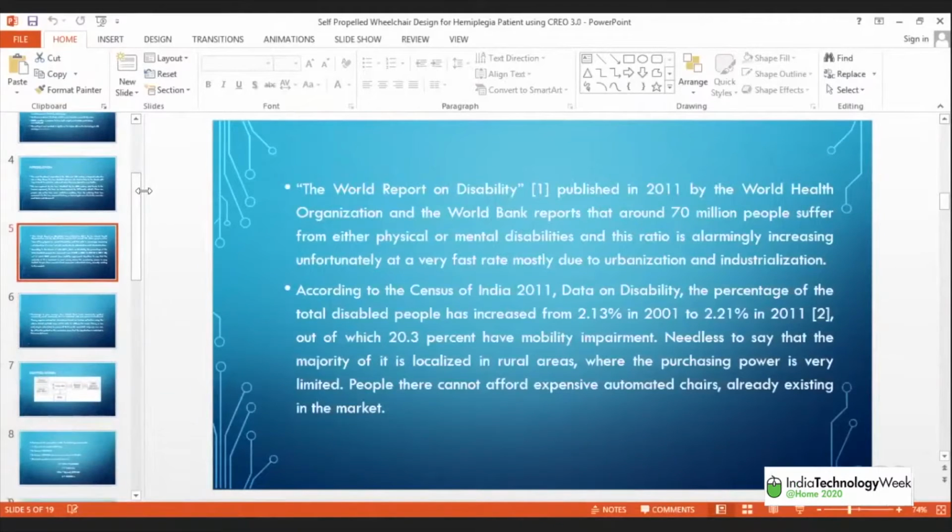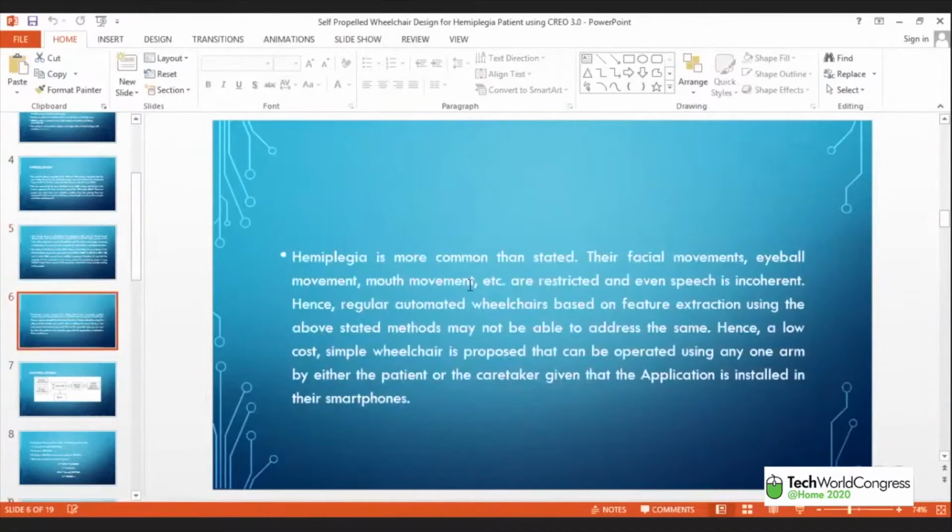Of course, we know that there are automated chairs available in the market, but the concern is that some of the automated chairs have so many features which at times are not desirable. And the other concern being the features that are needed are actually not available, right? So these two factors actually inspired us to look into something where we could work upon.